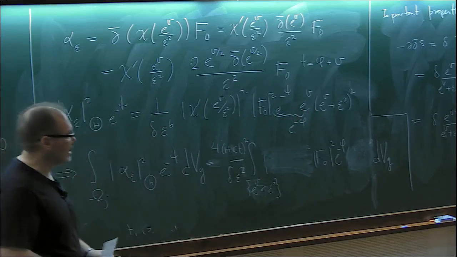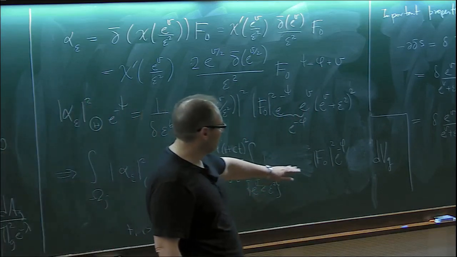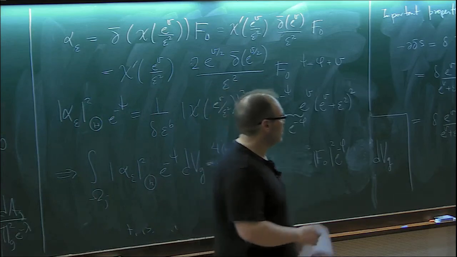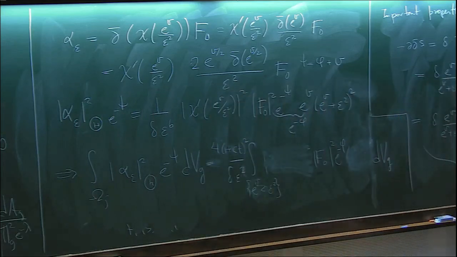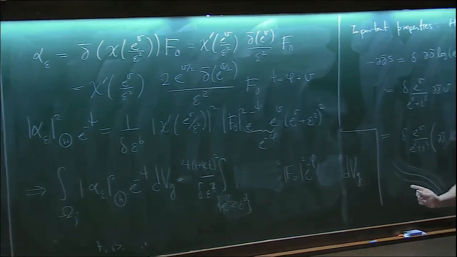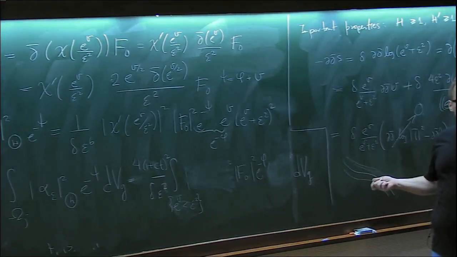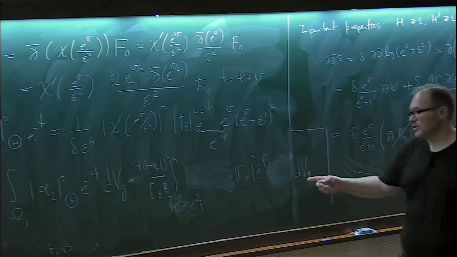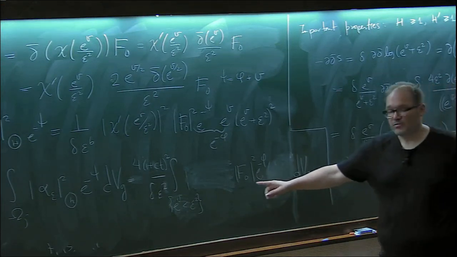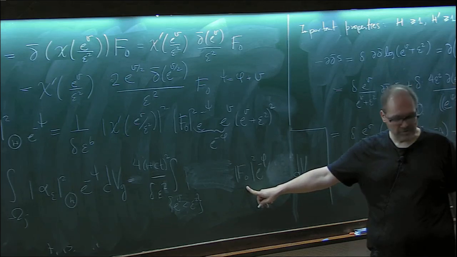Okay, and now you're in good shape, because you have the integral of f0 over, so here's your z, you're integrating over some epsilon tubular neighborhood defined by these functions, dividing by the area of the tube. So in the limit as epsilon goes to 0, this is going to converge to the integral of little f, which is the extension of f0, right?